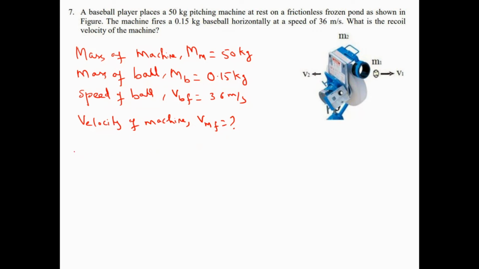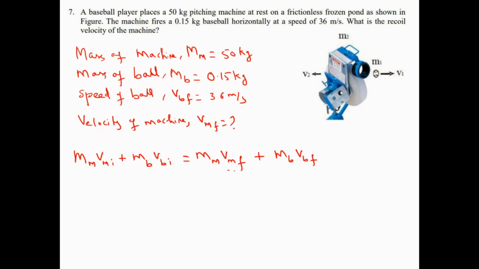So the equation is: the mass of the machine multiplied by the initial speed of the machine, where V stands for speed and M stands for machine, plus the mass of the ball and the initial speed of the ball, which is equal to the mass of the machine multiplied by the speed of the machine final plus the mass of the ball times the speed of the ball final.